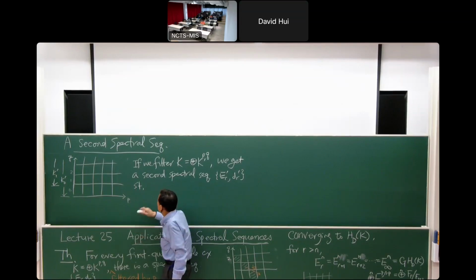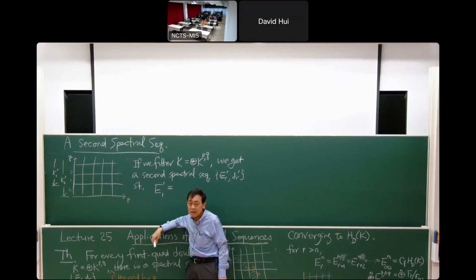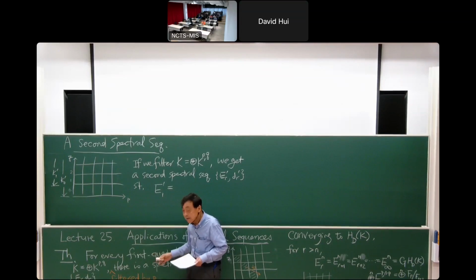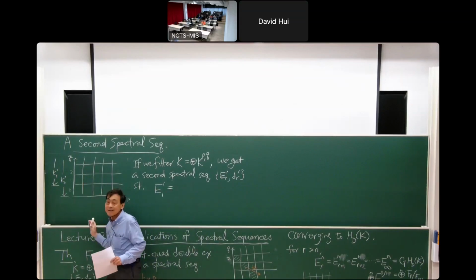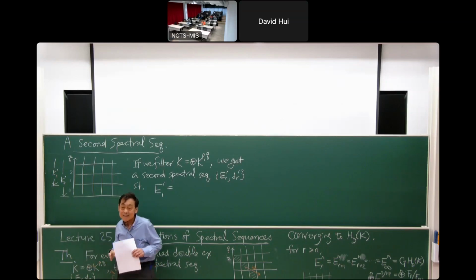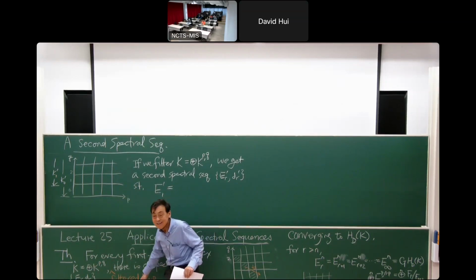E_r prime, d_r prime, such that E_1 prime is equal to, what should E_1 prime be? I mean, we're reversing p and q, so that means we are making a reflection about the diagonal. It should be H_delta.